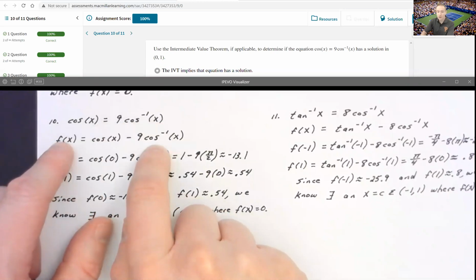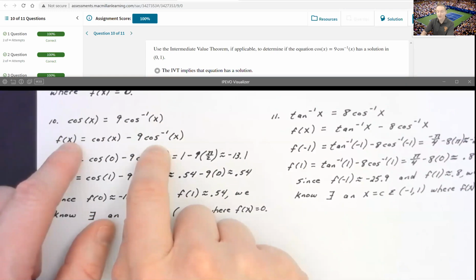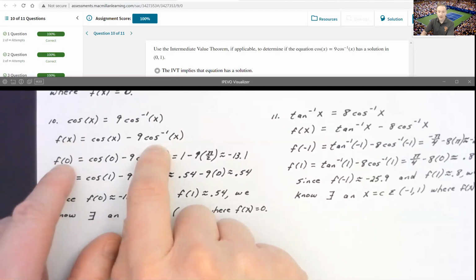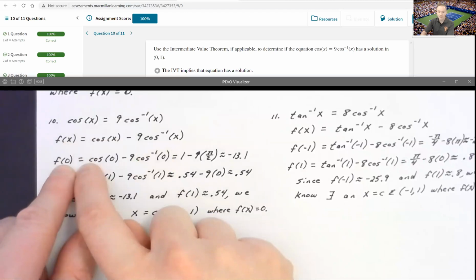Now, in order to show that the intermediate value theorem applies, I need to find one x that's going to give me a positive y value, one x that's going to give me a negative y value. Then that guarantees the existence of an x that's going to give me some value of y equals 0. Okay, now, again, I just plugged in a 0 to begin with.